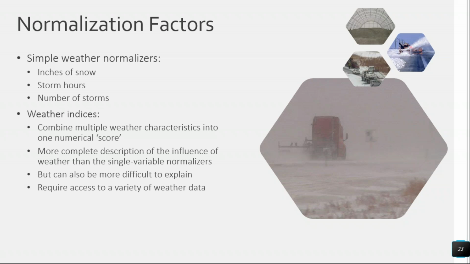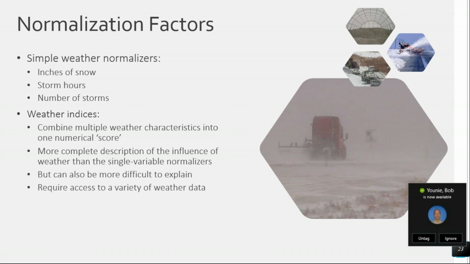The weather indices, or a weather index, is not quite as intuitive. However, they combine multiple weather characteristics into one score so that they can more completely describe the influence of weather than the single variable normalizers above.